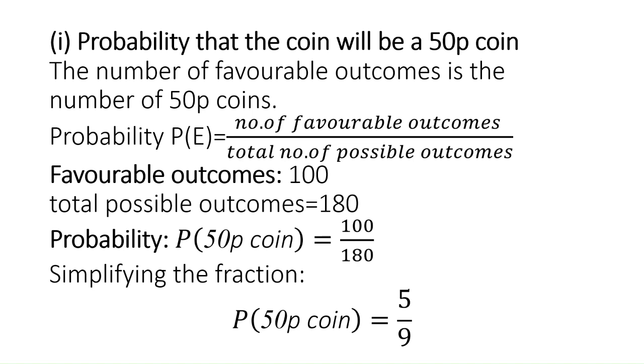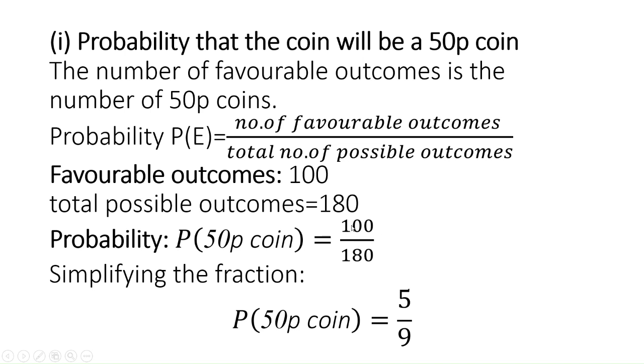So probability of any event we will get by using the formula number of favorable outcomes by total number of possible outcomes. Favorable outcomes are 100 and possible outcomes are 180. So probability of getting a 50 paise coin will be 100 by 180.